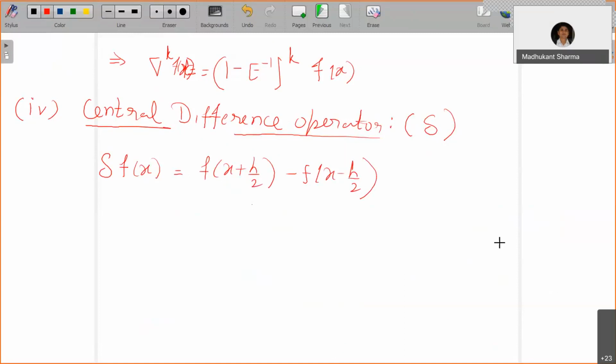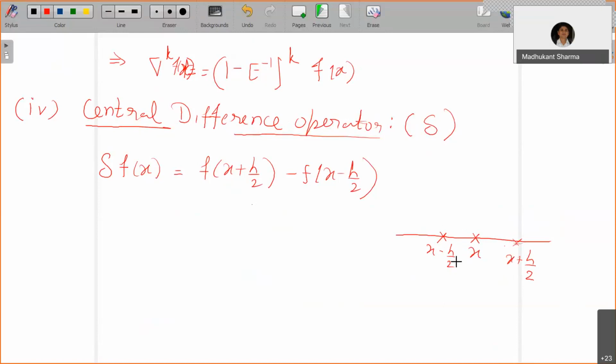So you have x minus h by 2, and this is your x plus h by 2. It is not using the current nodal point, it is using points sitting symmetrically, equidistant, half a step ahead and half a step back.